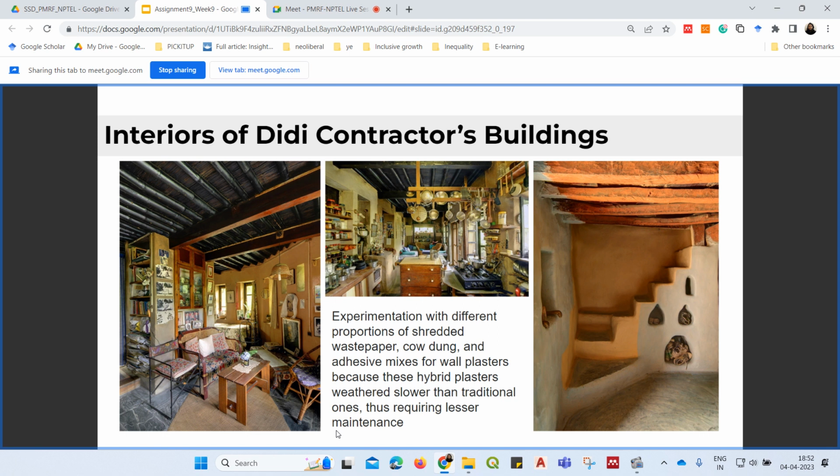So, for example, the contractor here experimented with different proportions of shredded waste paper, cow dung and adhesive mixtures for creating wall plasters by mixing them with mud. Because these hybrid plasters weather slower as compared to just mud plaster, which is the traditional way of plastering the building. So it is borrowing from the traditional techniques, but changing and evolving in such a way that minimum new techniques have to be used to create the buildings.